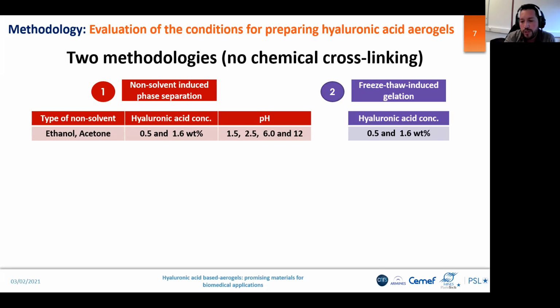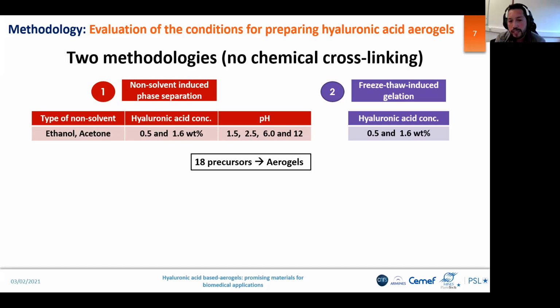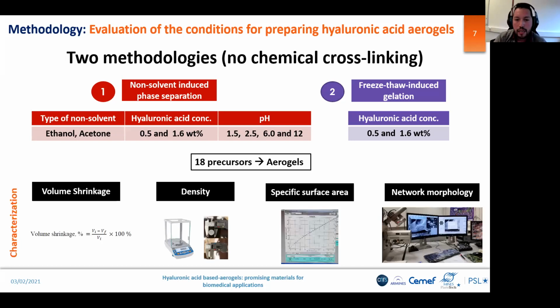We worked with two different extreme concentrations of hyaluronic acid, a low concentration and a high concentration, and pH. For the second methodology, we worked with two different concentrations. In total, we evaluated 18 precursors with this combination of parameters in order to see if it was possible to get aerogels.